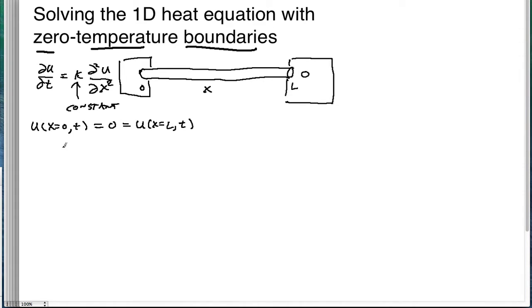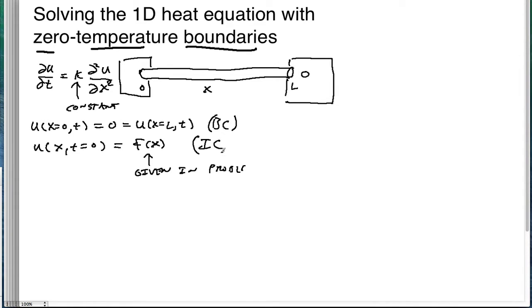So that's our boundary conditions. And then we also have an initial condition: at t equals 0, u is going to be equal to f of x. We're going to just assume that this is a given in the problem, and that's our initial condition.